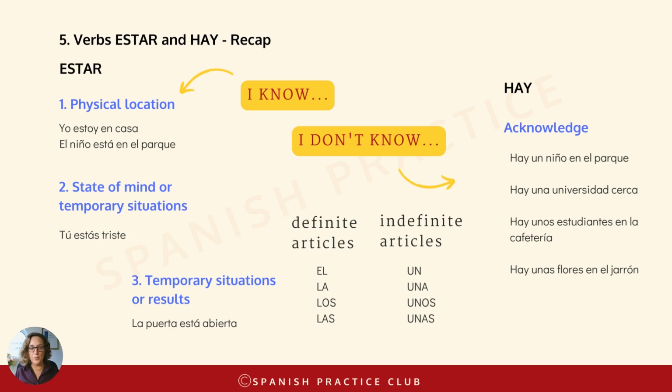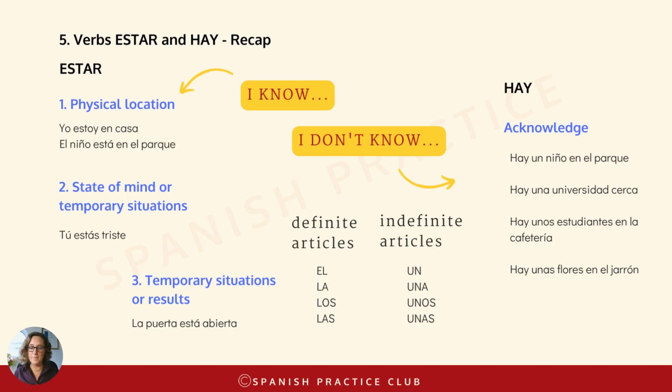Or for temporary situations or results. Number 2 and number 3 may overlap, but that's okay because the use of the verb is the same. La puerta está abierta. The door is open. And notice that I've used the definite articles on these examples, for el niño and la puerta.